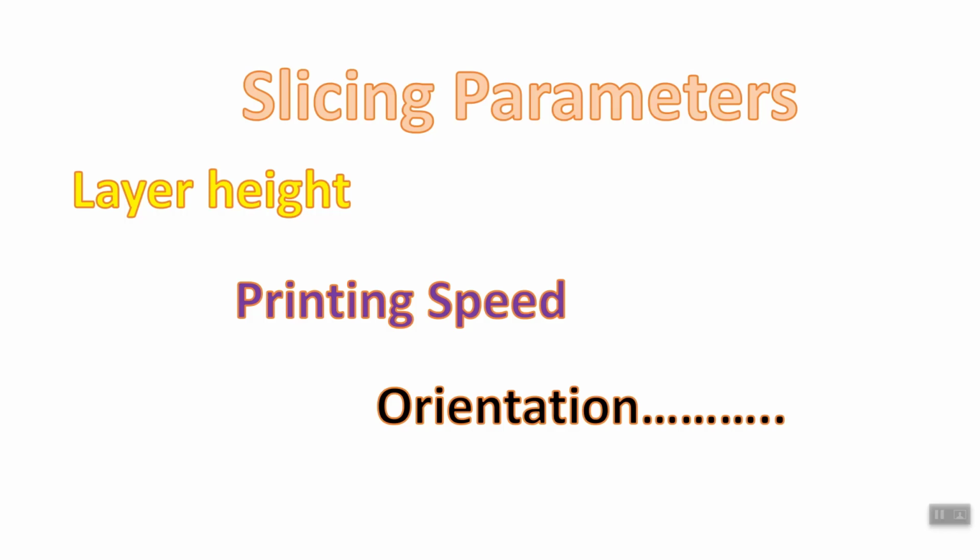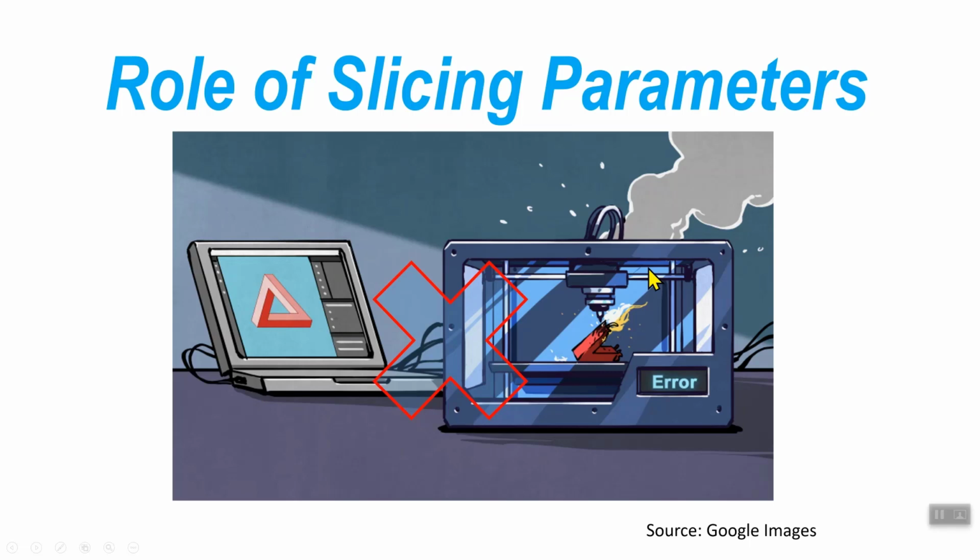These parameters are completely controlled in the slicing software, and if we do not give the specified slicing parameters, or give them inappropriately, it can spoil the model or the machine. So these parameters are very important. We will see them in detail in a further video. Thank you guys.